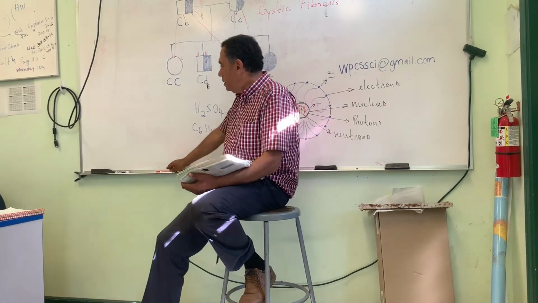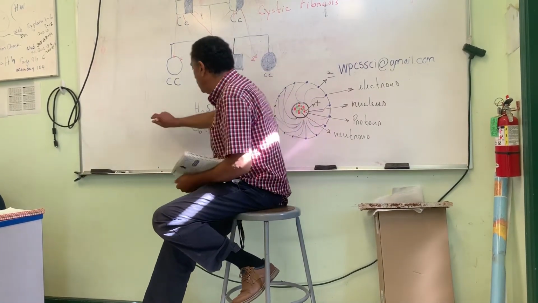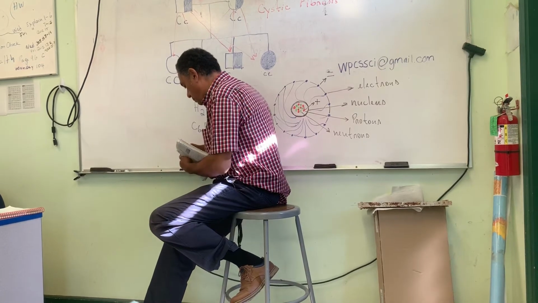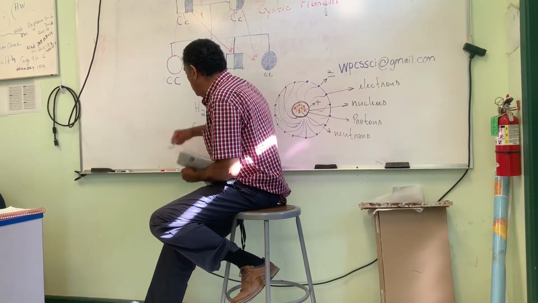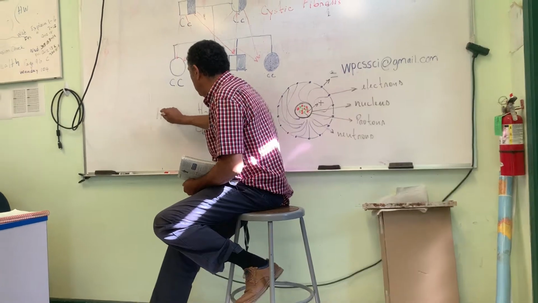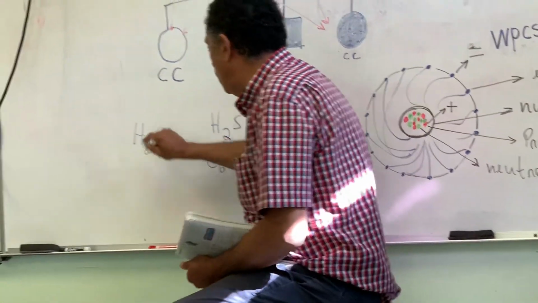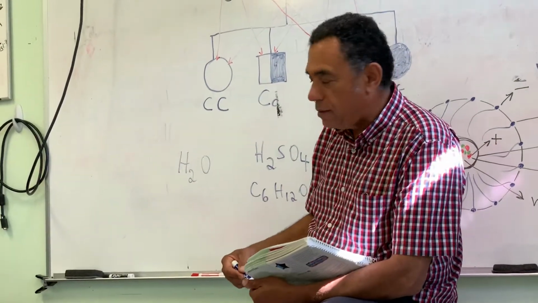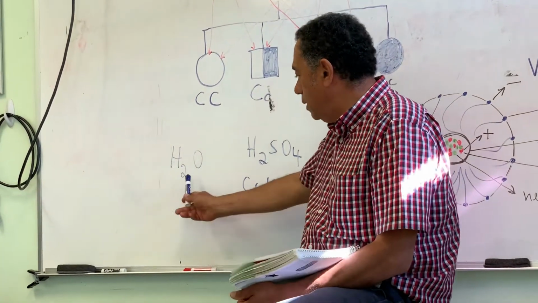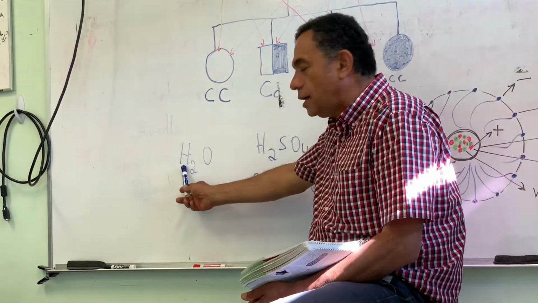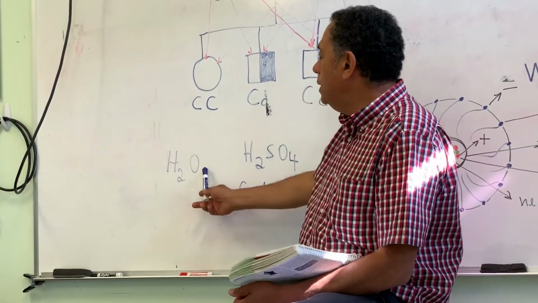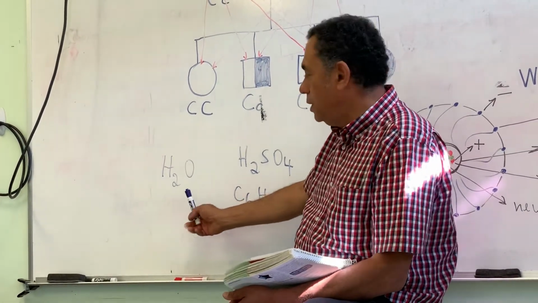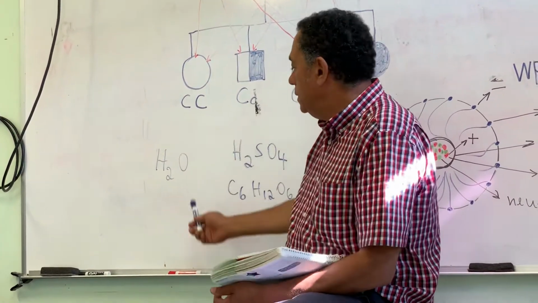H2O. What does H2O mean? You have it here. H2O is a substance, a compound, because you have two atoms of hydrogen and one atom of oxygen bound together.